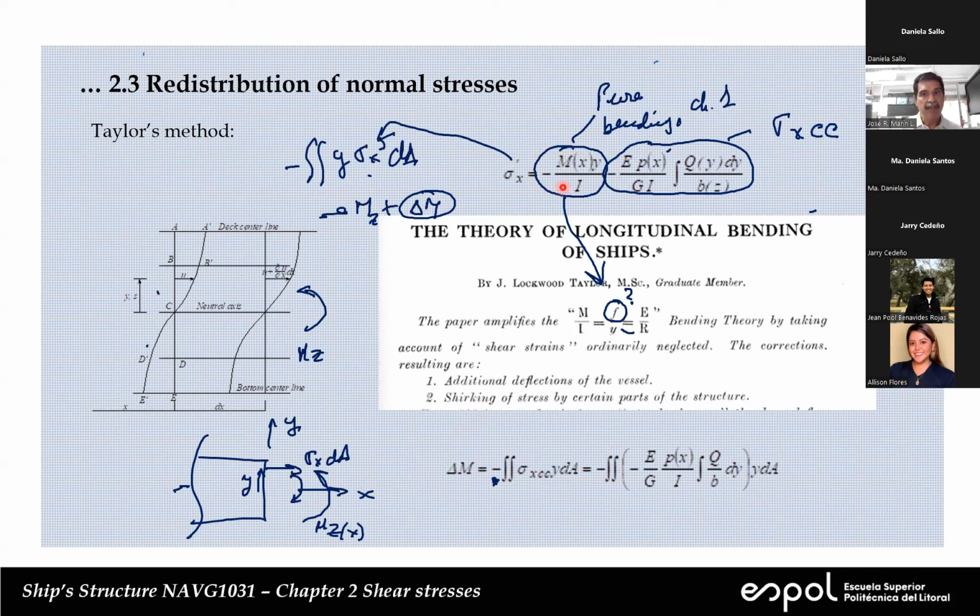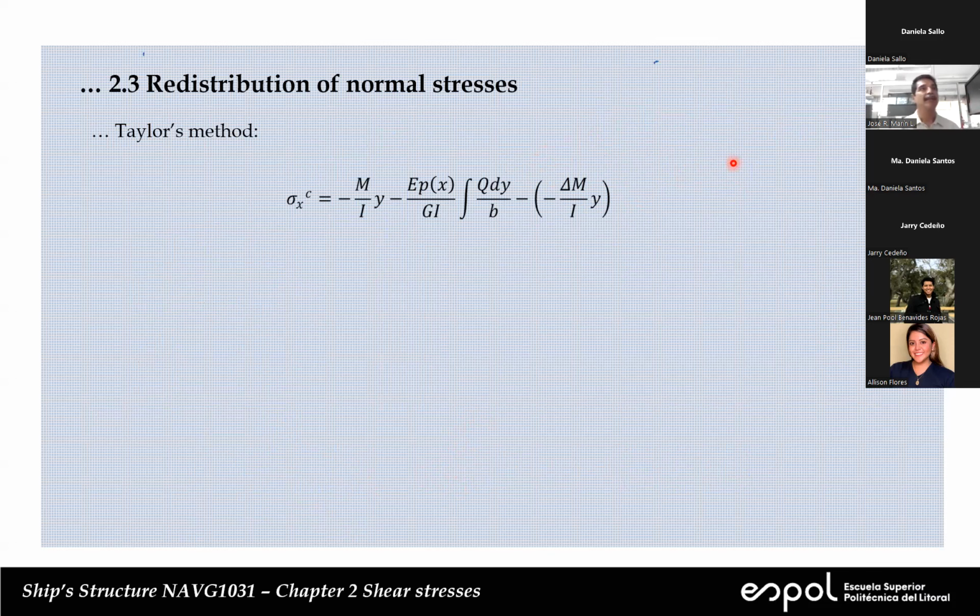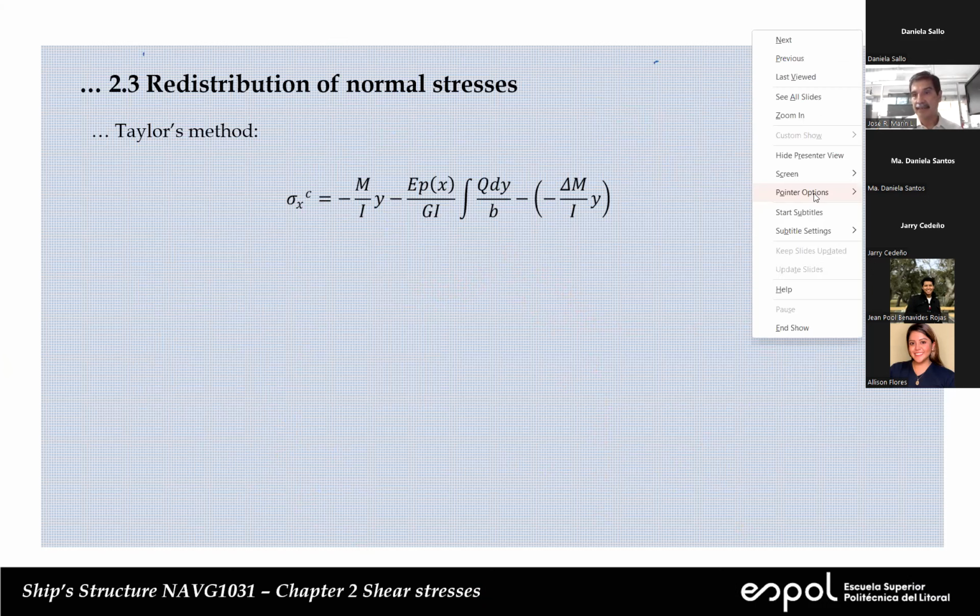Instead of moment, we apply the delta, the difference that is preventing us from equilibrium, but with a negative sign. So when you integrate the 3 terms, you are going to have exactly the moment that we need. That's Taylor's procedure, and this is his proposal, and it's well accepted, at least for quick calculation.